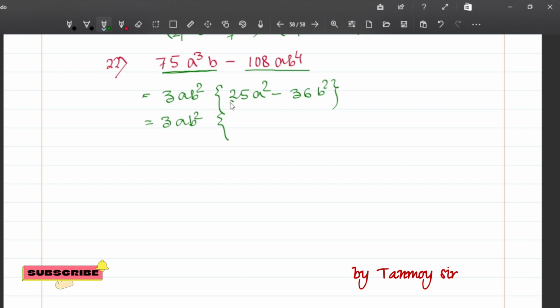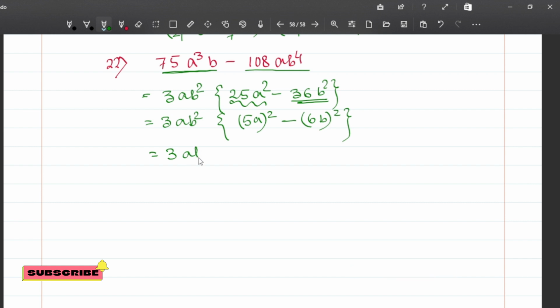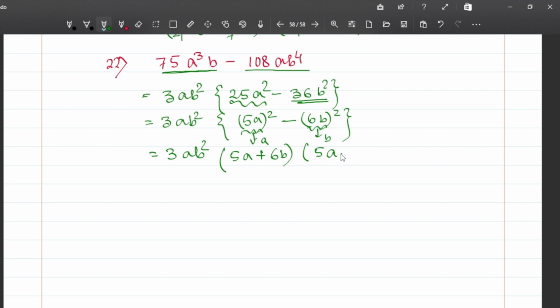So you can write 5a whole square for 25a square, and for 36b square you can write 6b whole square. So 5a is our a and 6b is our b. So expand 5a plus 6b and 5a minus 6b. Don't skip the video.